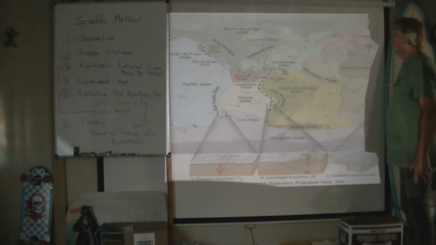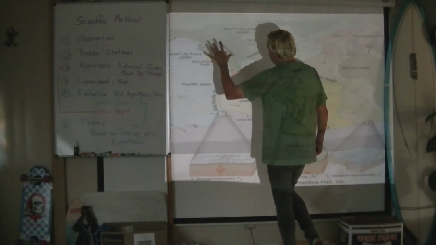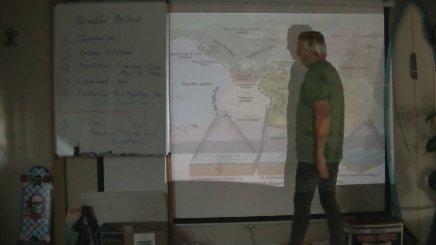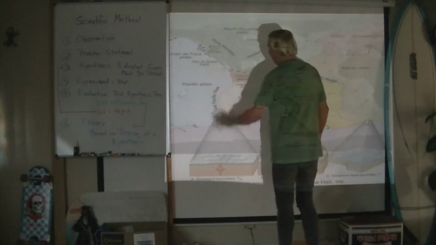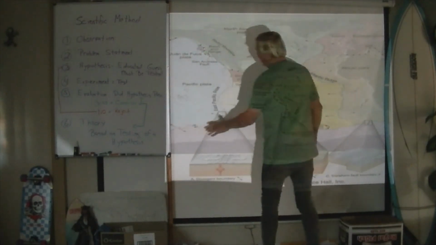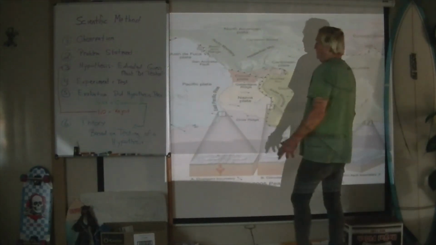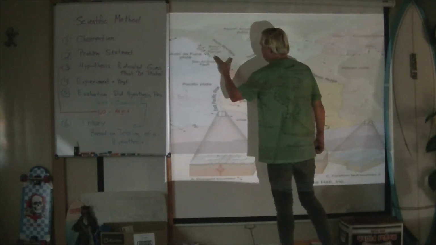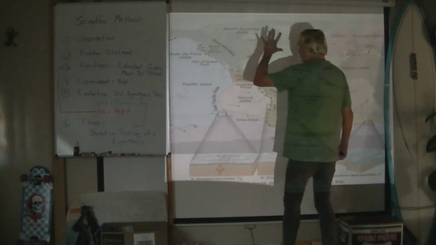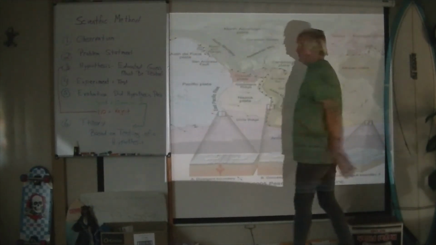So here in our part of the world, California, we are right on the boundary between the North America plate, which is moving to the west, against the Pacific plate, which is really turning. The Pacific plate is turning in a counterclockwise direction. And because we're on the boundary of two plates in California, between the Pacific plate and the North America plate, we have the San Andreas Fault.